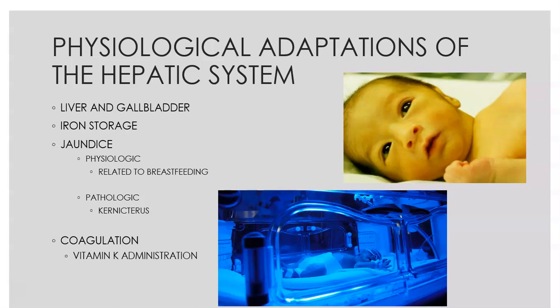So kernicterus is what we are concerned with, especially with your pathologic form. Kernicterus is where the bilirubin byproducts build up in the brain, and this can cause permanent brain dysfunction. So usually the way they can test for this is vision and hearing screenings, and they'll start noting that they are having vision or hearing difficulties, and that can indicate that some kind of brain damage occurred because of that pathological jaundice.